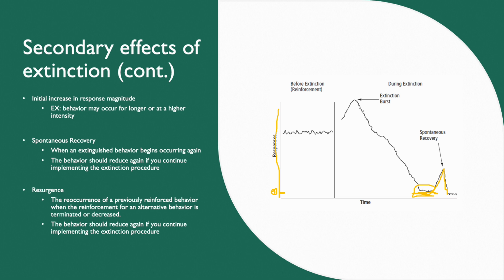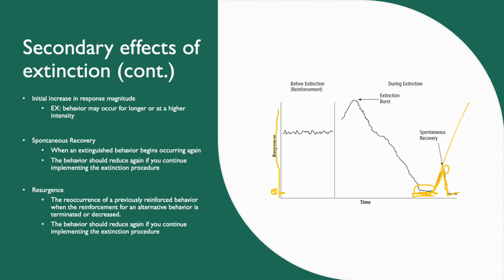Just make sure you do everything as you've been doing it, so that the behavior does not contact reinforcement. Because if it does, instead of seeing this short-lived peak and then it goes back down to 0, if you reinforce the behavior when it occurs here, you'll see the behavior shoot back up. Why? Because you reinforced that specific instance of behavior, rather than being consistent with your implementation of the extinction procedure.